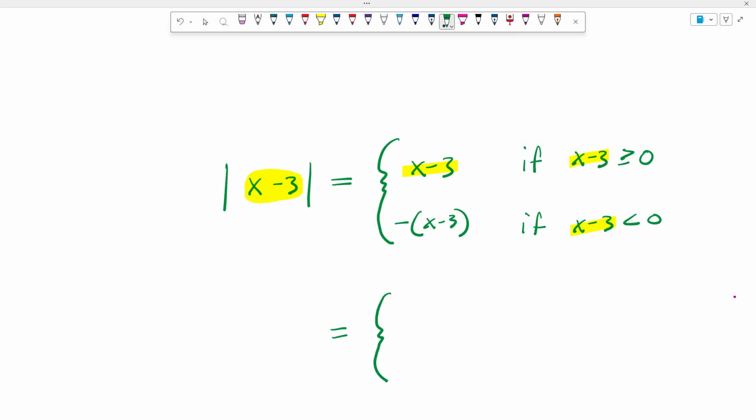Okay, and then x minus 3, and you could either leave the negative on the outside or distribute it: negative x plus 3.